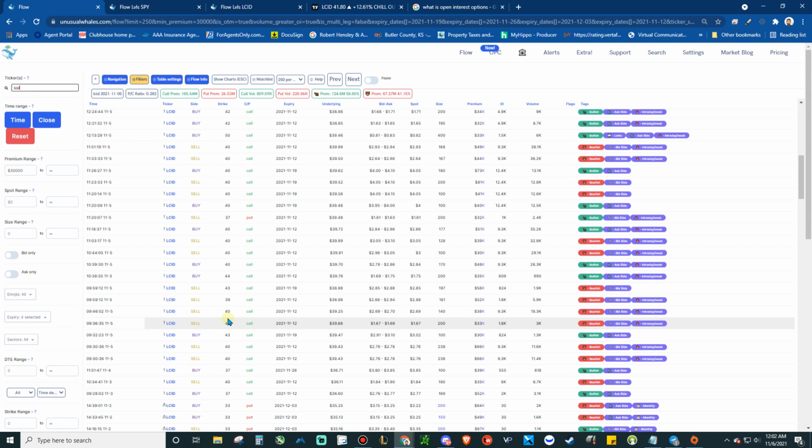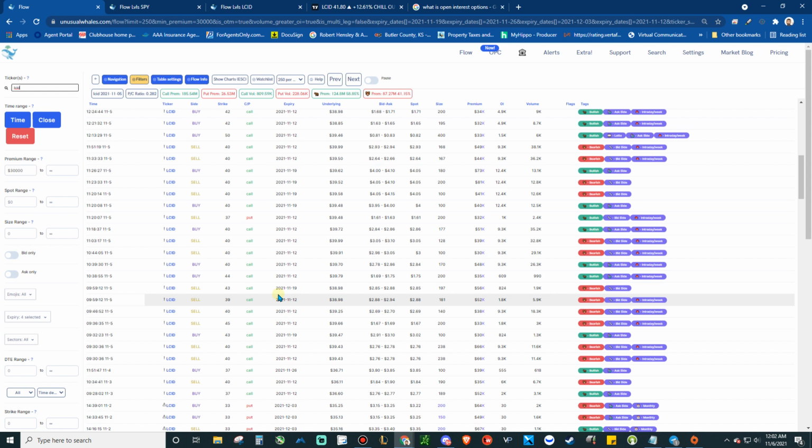If I start seeing a lot of it like this right here, a nice little trend of just being short premium, every single time there's an alert that comes through on the scanner, it's just short premium. That's not exactly a bullish sign, because there's no long premium happening, and I want there to be bullish premium with size to basically cause the imbalance in the market to go higher. Okay, that's what you're looking for.